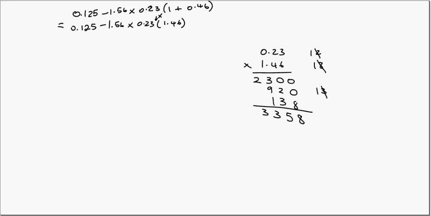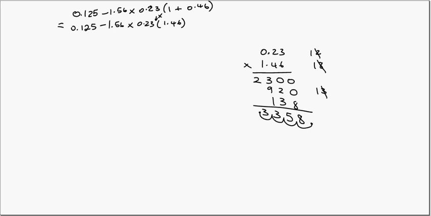But where do we put the point? The point starts off at the rightmost position, and you have to move the point according to the number of decimal places on top. So on the top number, you have 2 decimal places, and on the one right below it, you have 2 more. So in total, you have 4 decimal places. So you have to move this point 4 places to the left. 1, 2, 3, 4.